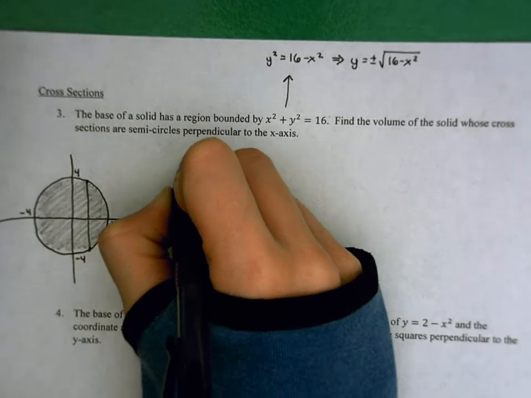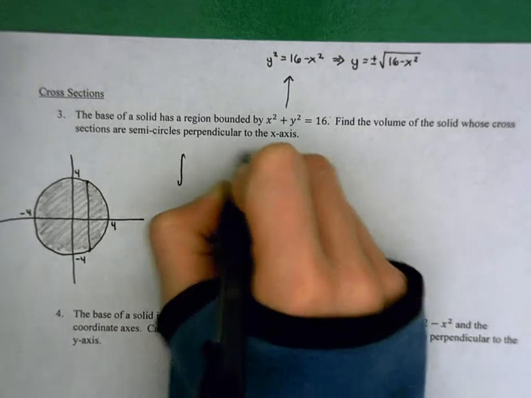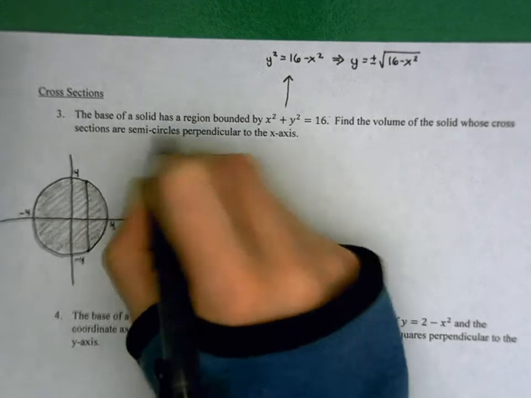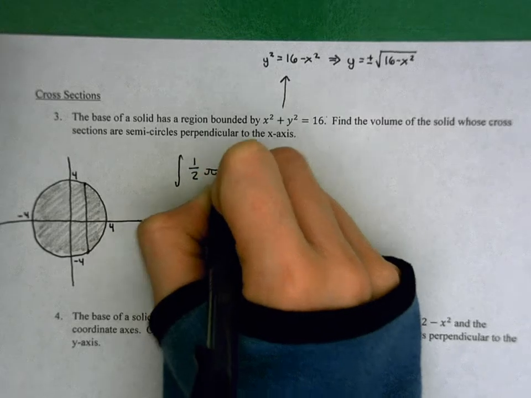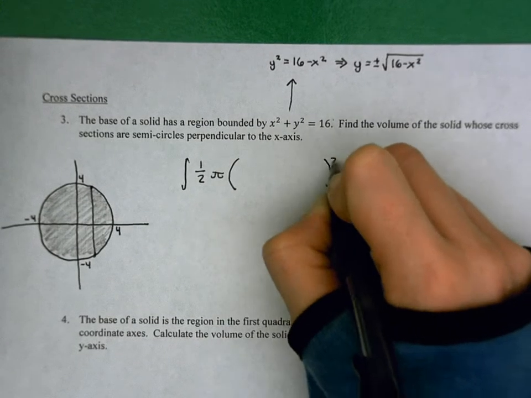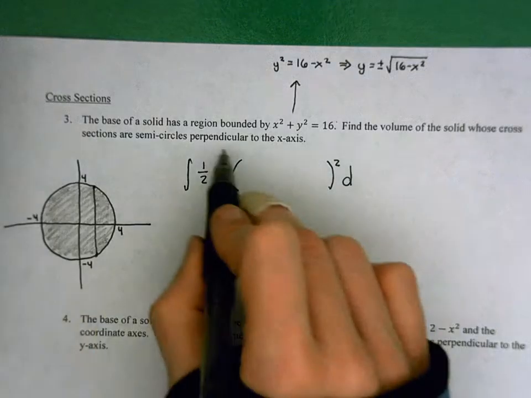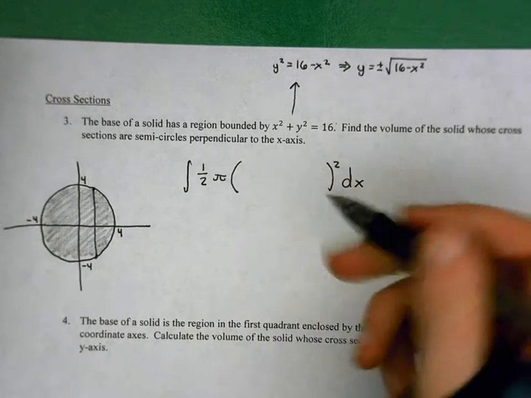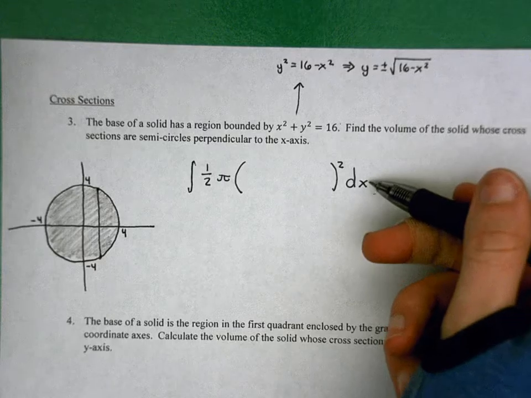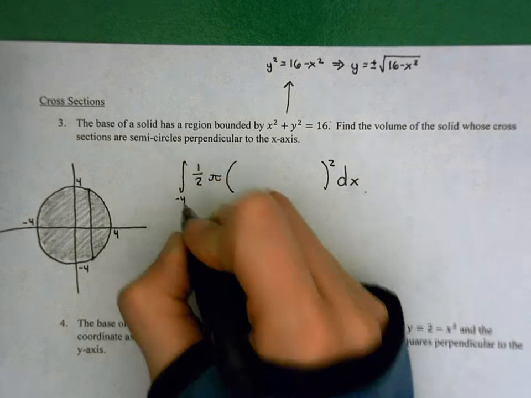So cross-section formula, we do a to b of whatever our formula happens to be. With a semicircle, it's 1/2 pi r squared d, and then since the cross-section is perpendicular to the x-axis, we're going to be doing dx, and our bounds are going to be the lowest and highest x in our shaded region. Our lowest x is -4, our highest x is 4.